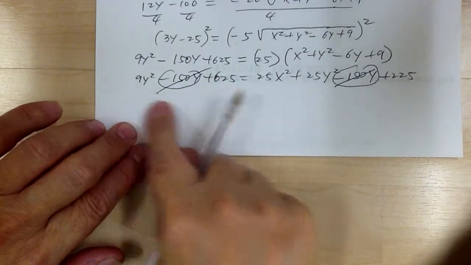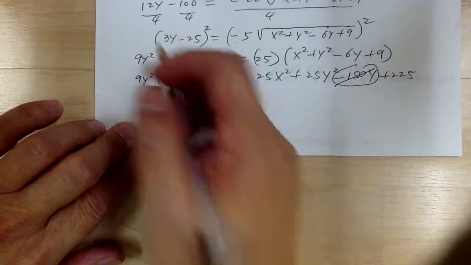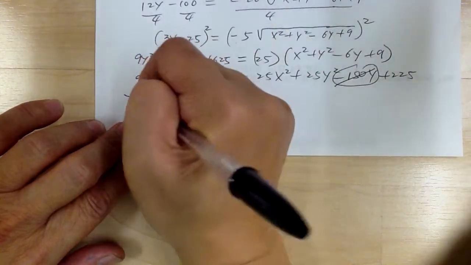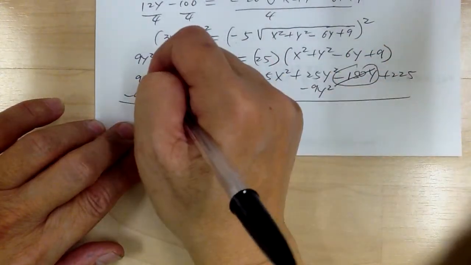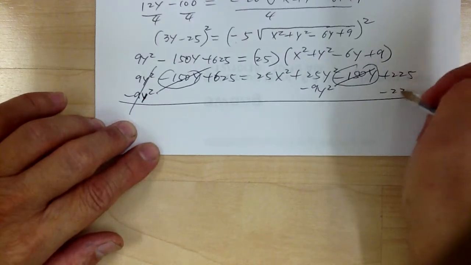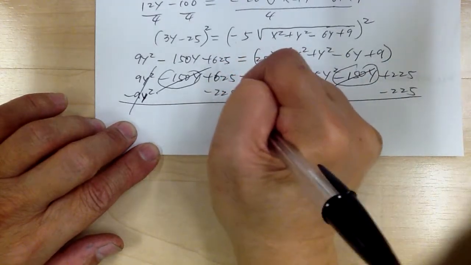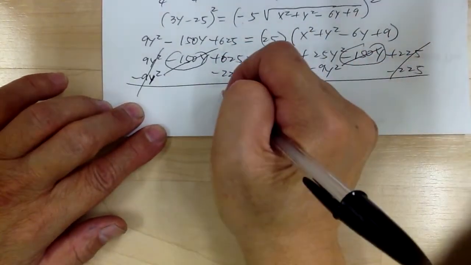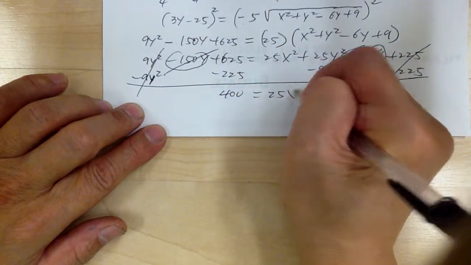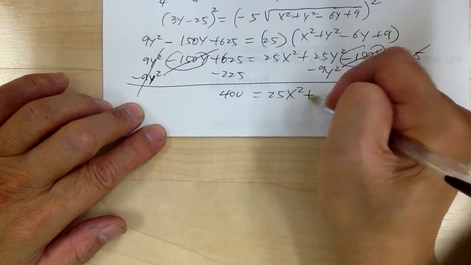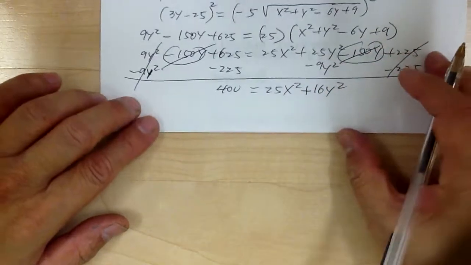And I'm going to move this to here and move this to here. So minus 9y squared on both sides to take care of that. I'm going to minus 225 on both sides to take care of that. So I get 400 equal to 25x squared plus 16y squared.